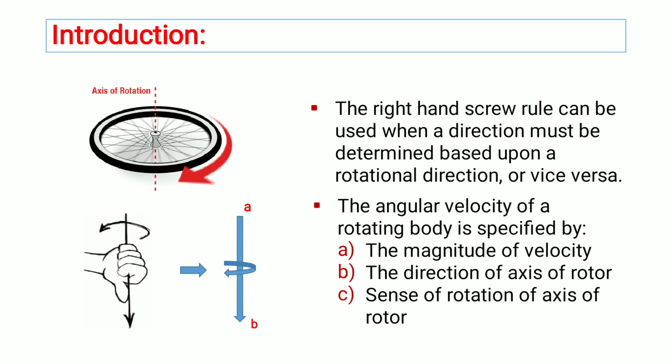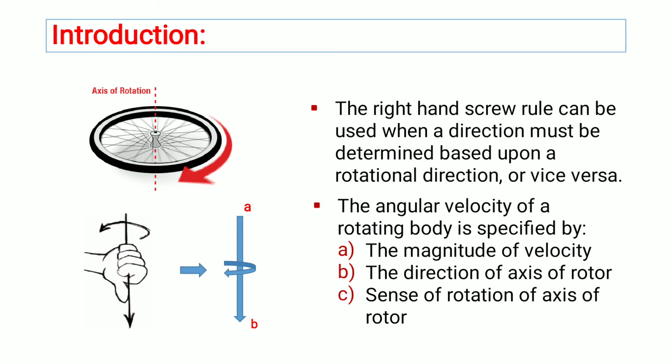If we want to represent a velocity on paper, then we need two things: one is a magnitude and another one is a direction. But in case of angular velocity, the angular velocity of a rotating body is specified by first the magnitude of velocity, second the direction of axis of rotor, and third the sense of rotation of rotor.